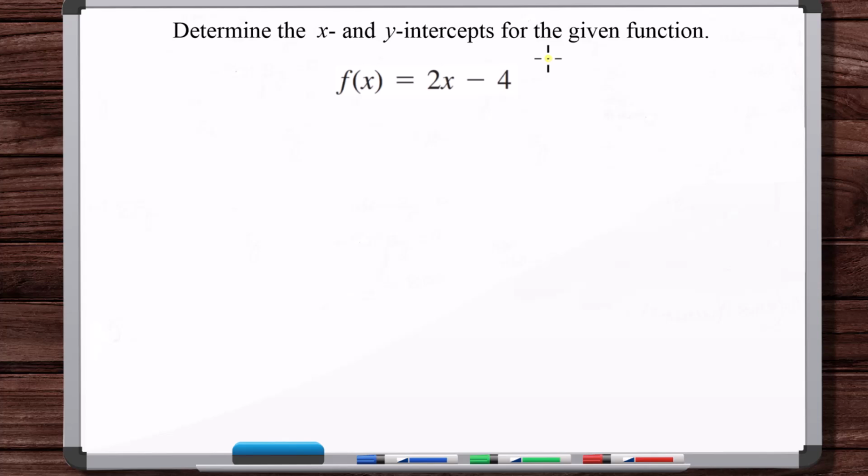So for any equation, you can think about finding intercepts of different variables, or even a relation that's just a list of points, ordered pairs, ordered triples, whatever. You can think about finding what the intercepts are of different variables.